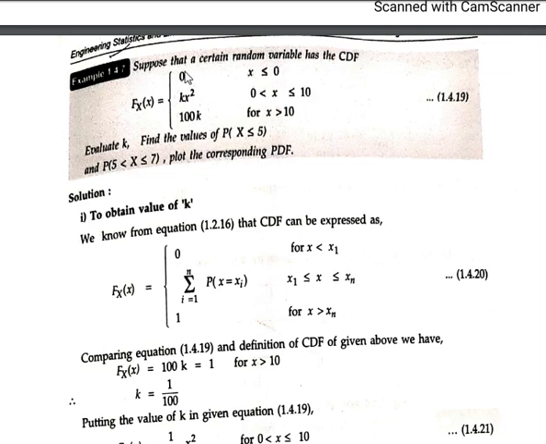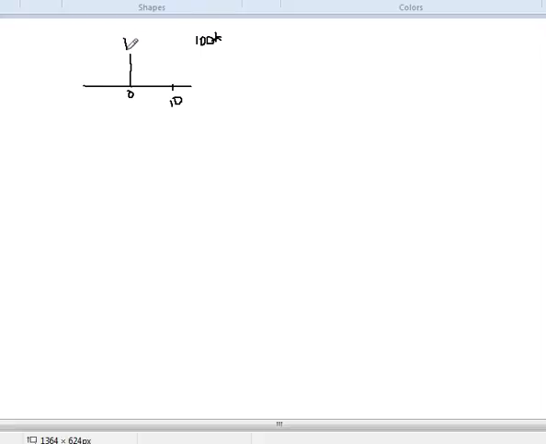Here we need to find the value of k first. The problem gives these values, but from the definition we know that x less than 0 means its value is 0. So let's draw the CDF function fx of x.